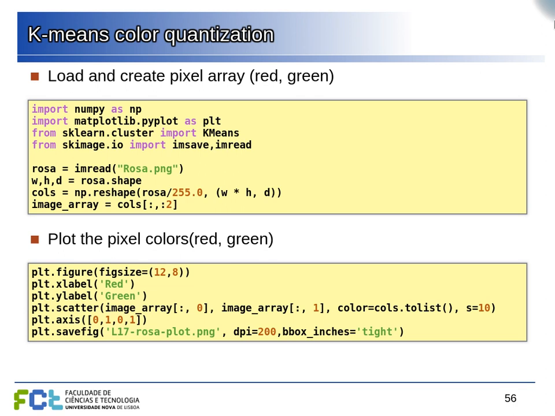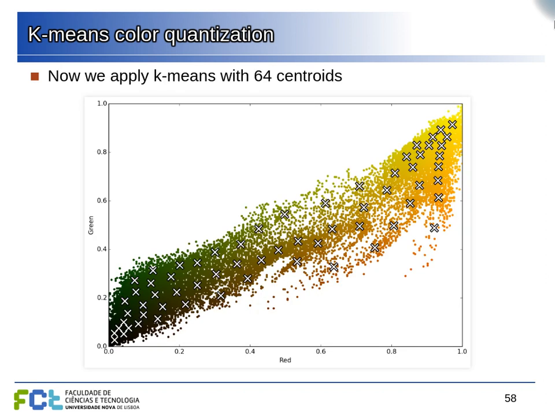So this image array, now we have all the two-dimensional coordinates of the pixels in color space, and we can apply k-means and compute 64 centroids. So in this case, we specify k to be 64, and we obtain these centroids.